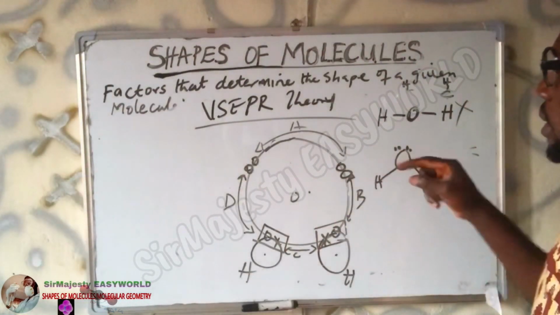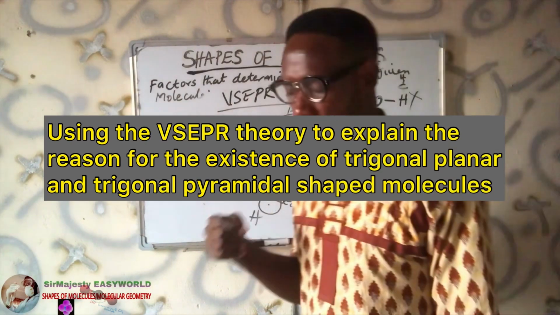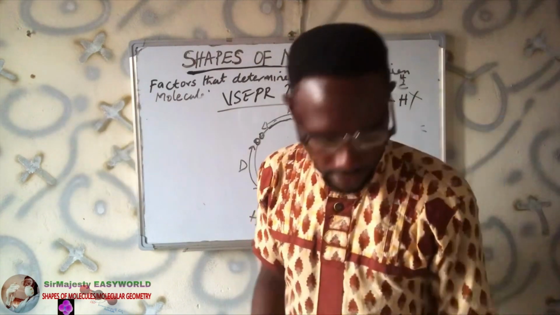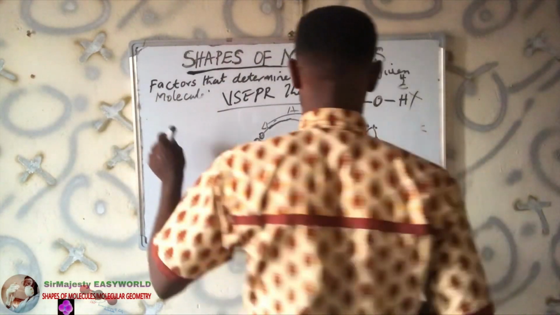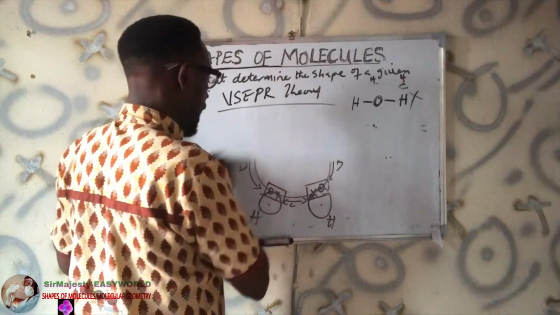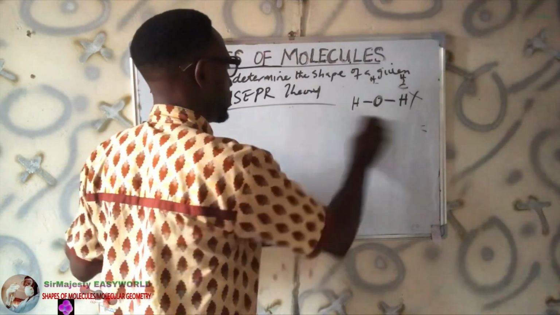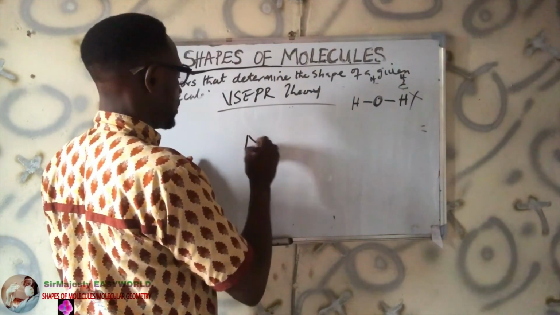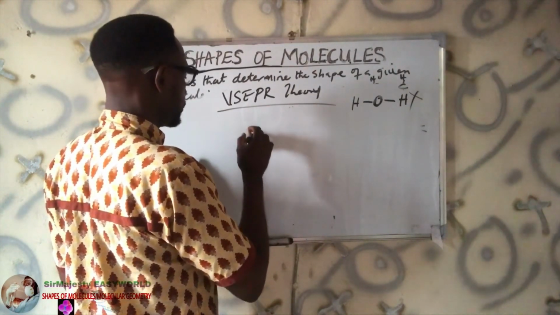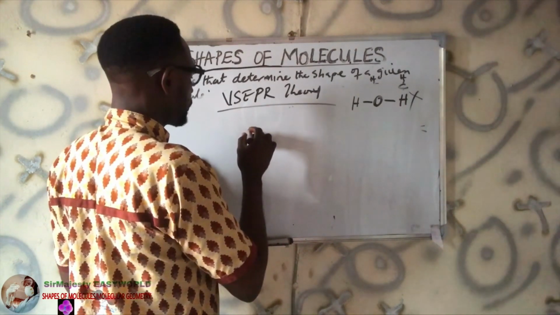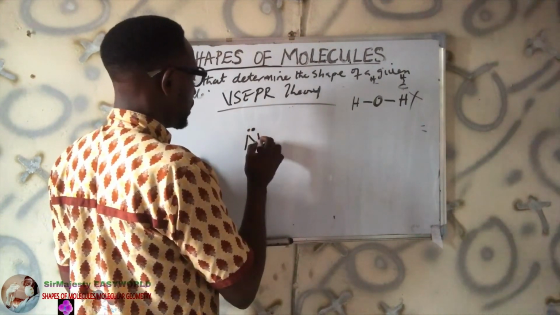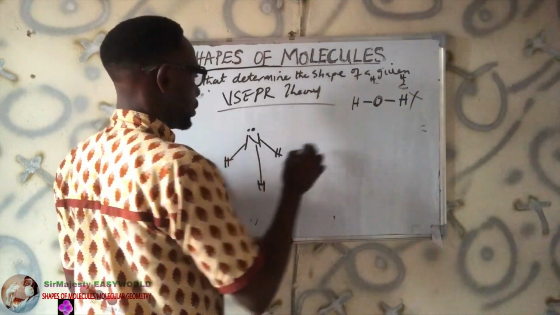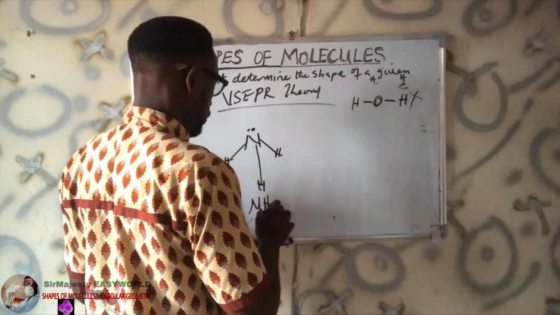So let's now differentiate between trigonal pyramidal and trigonal planar using the VSEPR theory. In this case, we have boron chloride and ammonia. Normal ammonia will have 1 lone pair. That's NH3.